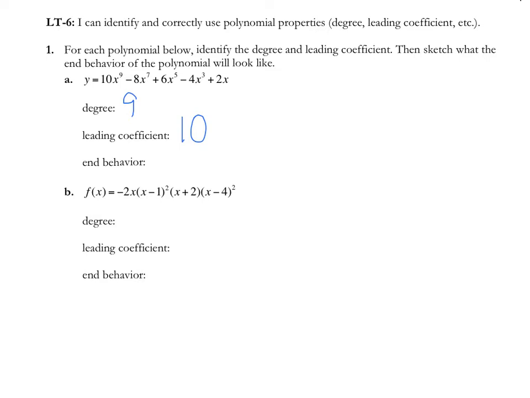And which situation it is depends on the leading coefficient and whether it's positive or negative. So remember, when it's odd degree, our end behavior will either look like this or like this. This scenario is when the leading coefficient is positive. This scenario is when the leading coefficient is negative. So in this case, we have a positive leading coefficient, so our end behavior is going to go up to infinity to the right, down to infinity to the left.